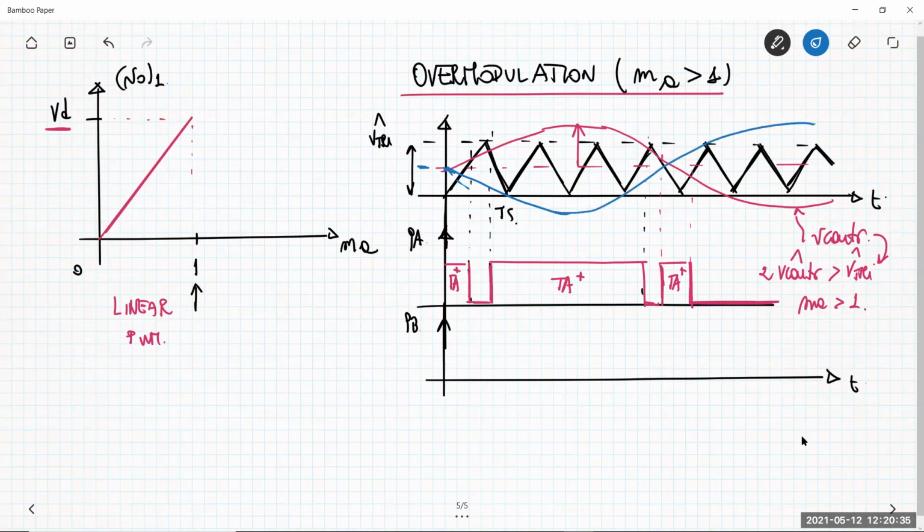So here you can have the classical comparison. And then you have always this behavior here.